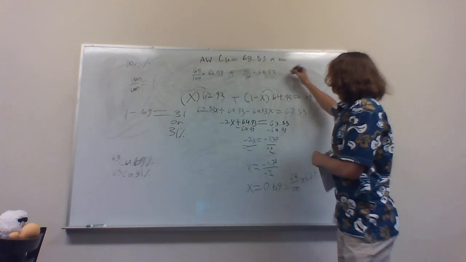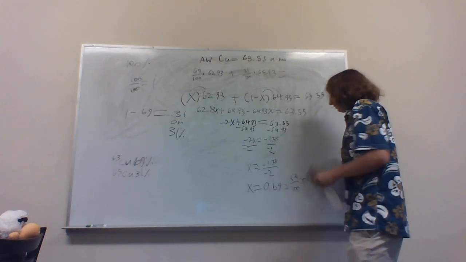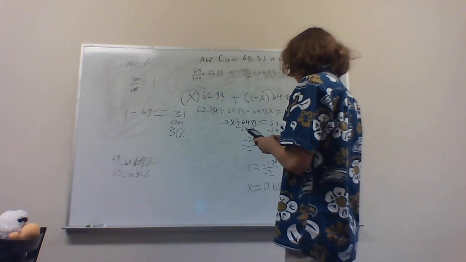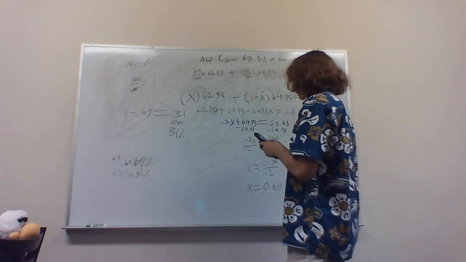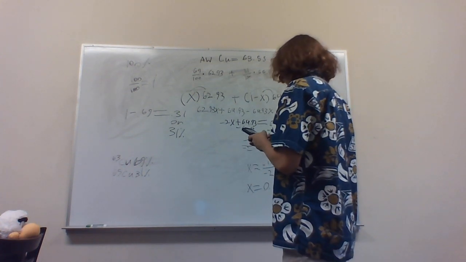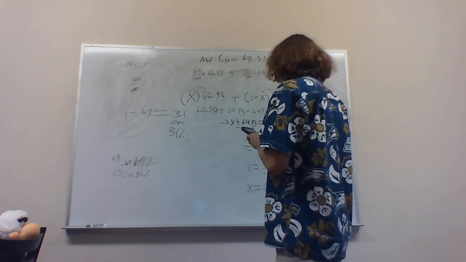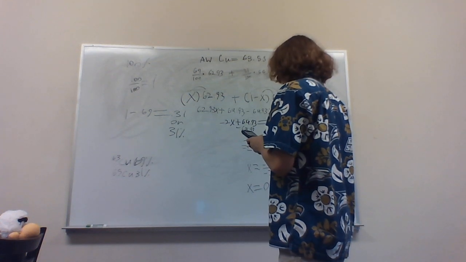This will equal 63.55. Let's check this to make sure I did it right. It'd be quite embarrassing if I messed it up. So 0.69 times 62.93 plus 0.31 times 64.93.